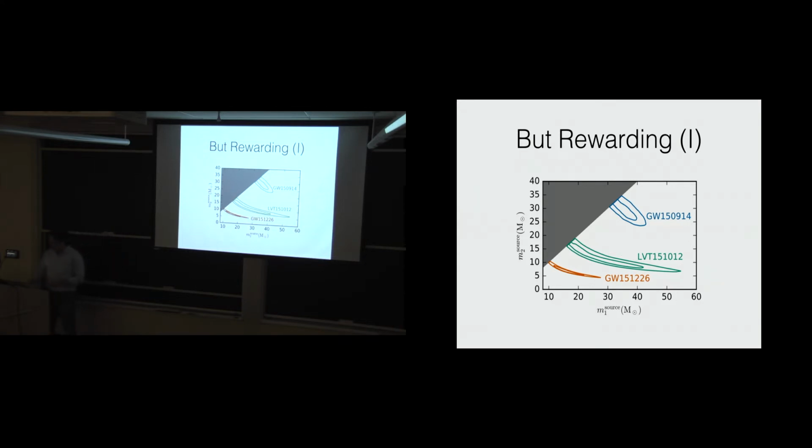When we do it for the first 3 detections, I'm calling this a detection, that's the one in September, December, and October, you can immediately see that there are strong correlations between the two masses. The shape of the gravitational wave is primarily controlled by one mass parameter, which has the dimensions of mass, called the chirp mass.